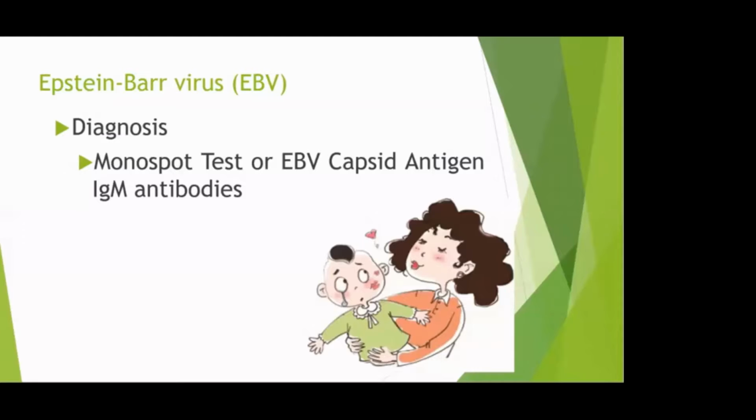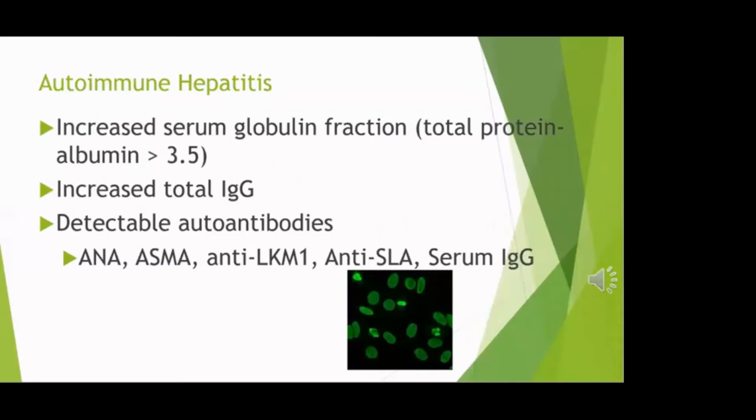EBV capsid antigen IgM antibodies. Autoimmune hepatitis usually presents with increased serum globulin fraction, and immunoglobulin G, and you have the presence of detectable autoantibodies.